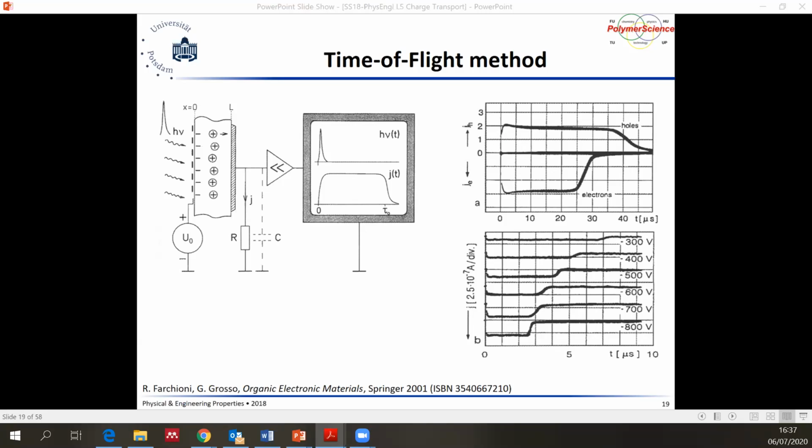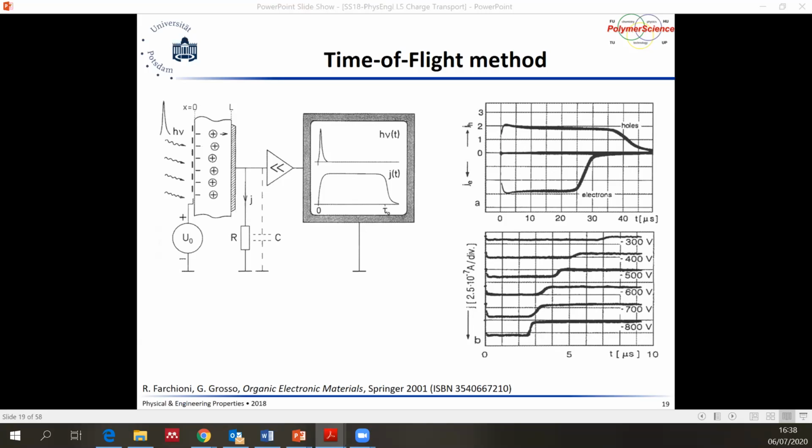When we're extracting, we're allowing the charges to traverse the active layer, through your material, until they reach the electrode. The movement of the charge carrier package causes a transient current in the external circuit, and we can record this using an oscilloscope.